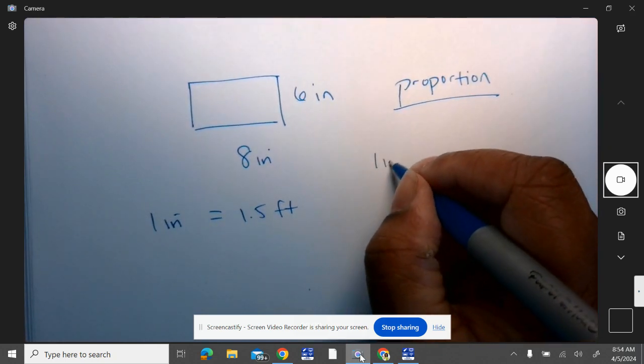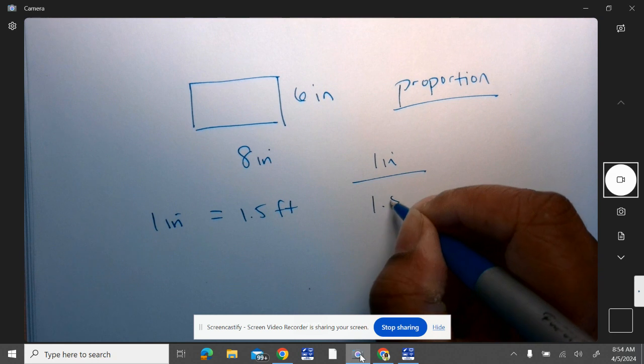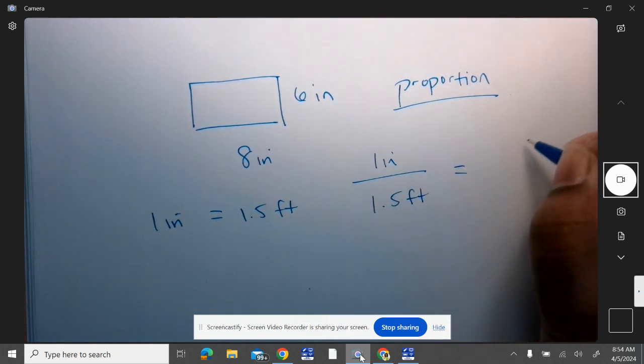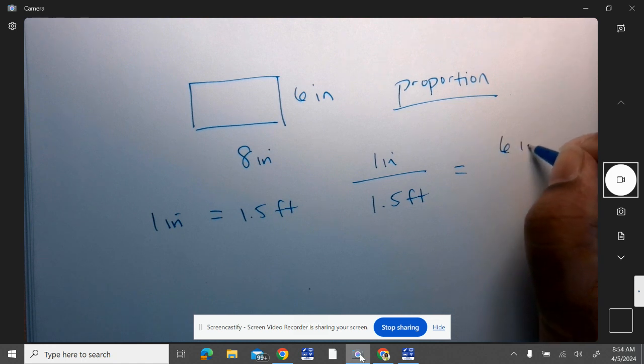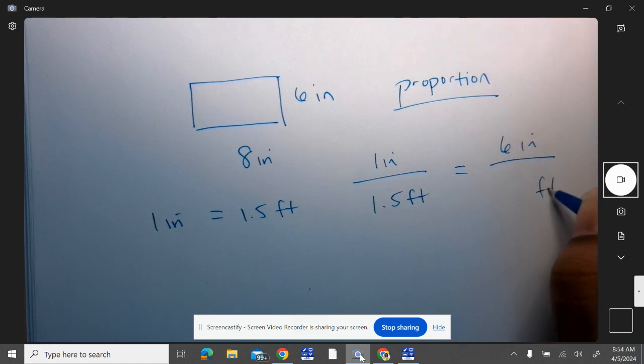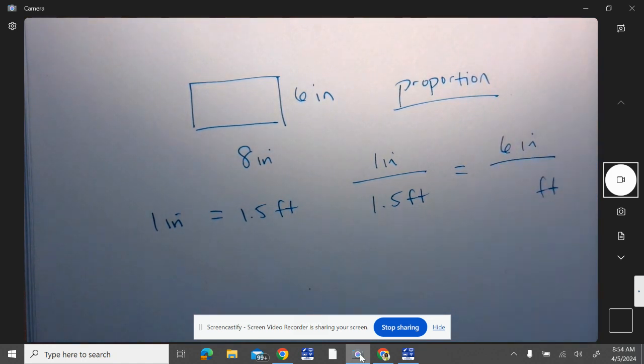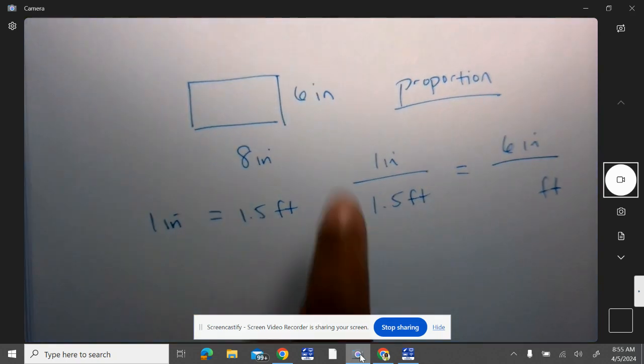I'm going to say that 1 inch for every 1.5 feet is equal to 6 inches blank feet. Okay, so I'm going to take my calculator and I'm going to say I have three pieces of information.